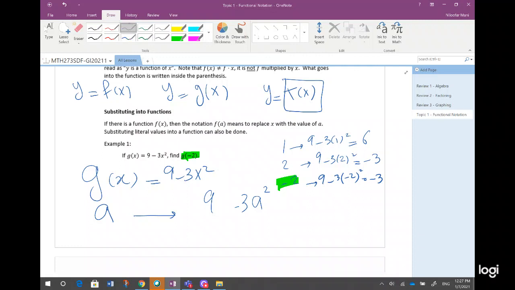So if I give you a function, it means the right side has several operations. For example, you square, you multiply by minus 3, you add 9. I give a value, you substitute for x, you calculate, and you give me the output. So here minus 2 is input and minus 3 is output.